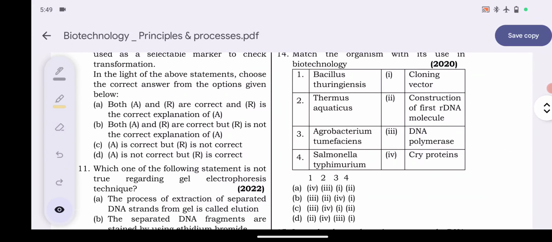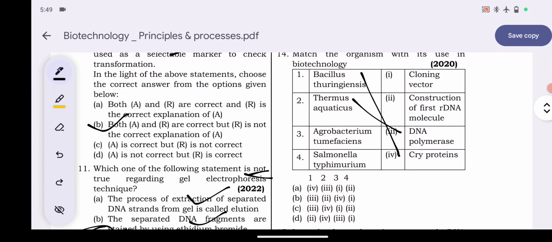Question number 14. We have to do matching of organism with its use in biotechnology. Bacillus thuringiensis, Thermus aquaticus, Agrobacterium tumefaciens and Salmonella typhimurium. So here 14 is being discussed. Bacillus thuringiensis, it is a source of cry proteins. Thermus aquaticus is used for DNA polymerase.